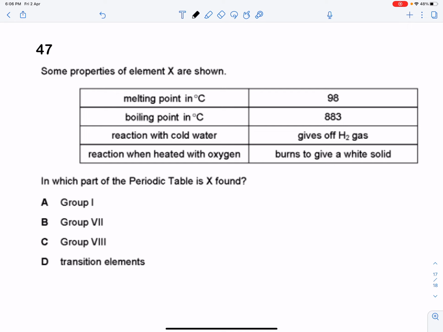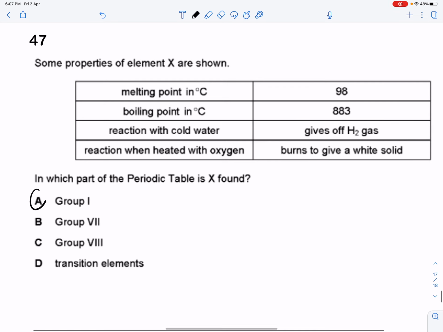47. Some properties of element X are shown. It has a high boiling point and a high melting point, relatively high. Reaction with cold water, it gives off H2 gas. So we're talking a group 1 metal here probably, and it burns to give a white solid when it's heated with oxygen. Yeah, we're definitely talking group 1.